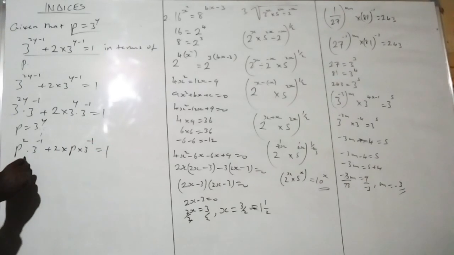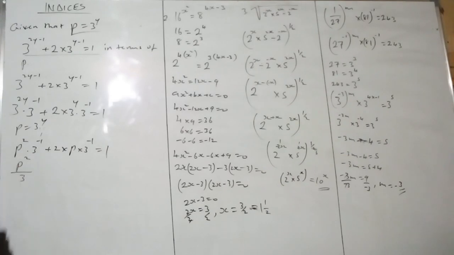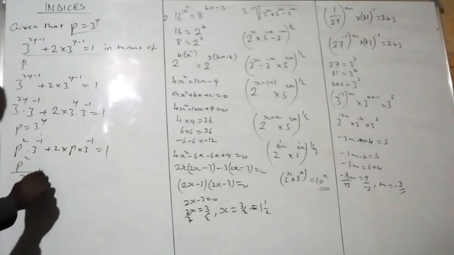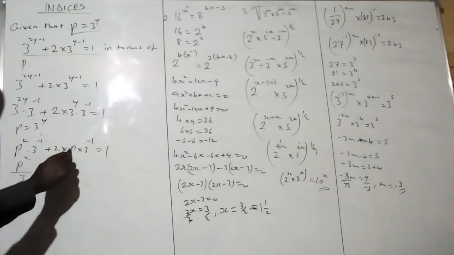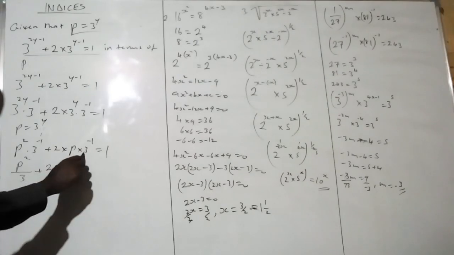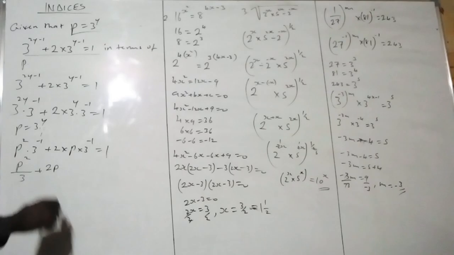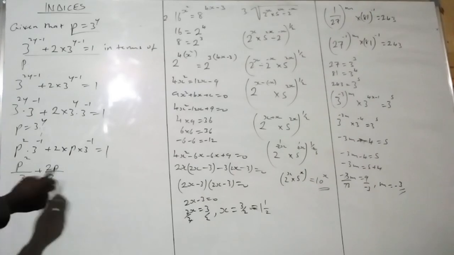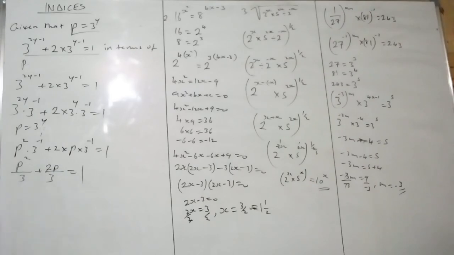You reciprocate 3 raised to power negative 1 to be positive 3, plus 2p, 3 raised to power negative 1 you reciprocate to be positive 3, 1 over 3 like that is equals to 1. And that is how you are supposed to express it in terms of p.